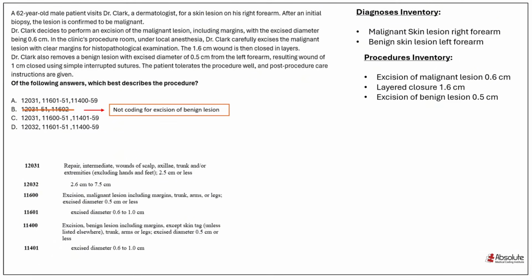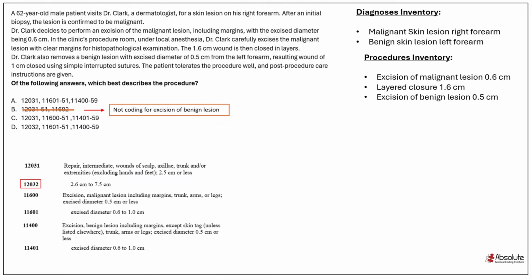Now let's look at option D, which is coding for CPT 12032. Looking at the code language for 12032, I can see it is for repair of intermediate wounds of extremities, for a repair length of 2.6 centimeter to 7.5 centimeter.